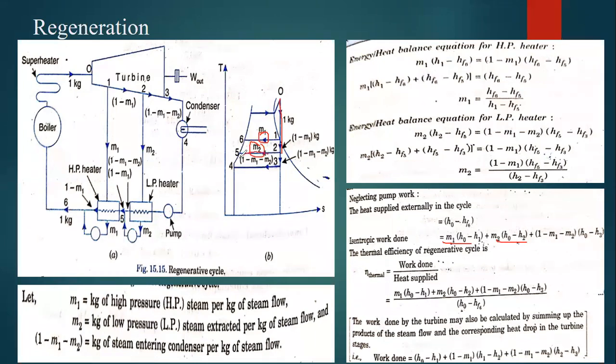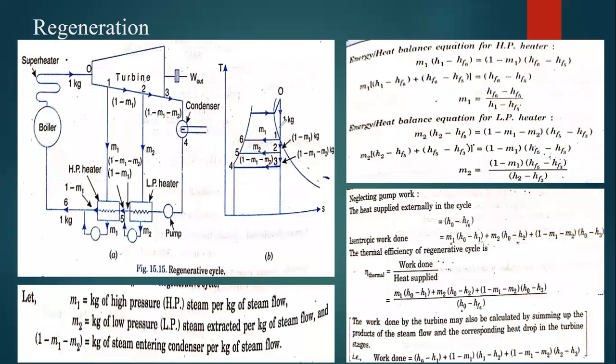Again, how much am I left with at the condenser? (1 minus M1 minus M2) kg of steam I am left with. So the whole difference between enthalpies from the start to the end of the condenser is H0 minus H3. That is one way to calculate the isentropic work done.